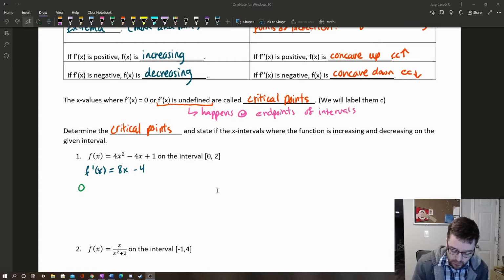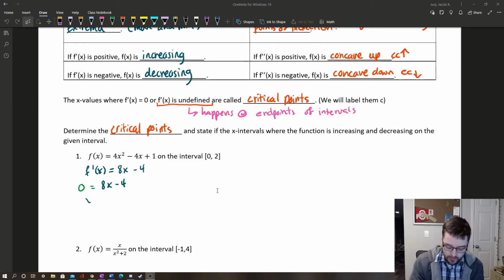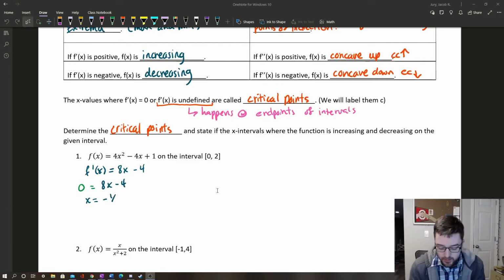So 0 is equal to 8x minus 4. So that means x is equal to 1/2. And that's our first critical point. It's not a coordinate pair, it's just an x value. So x equals 1/2 is my critical point.